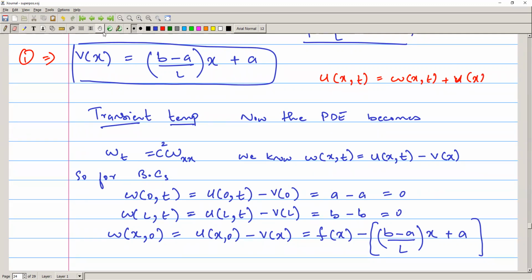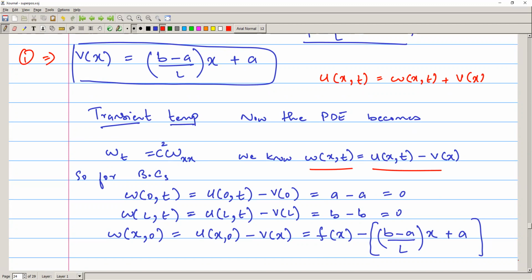So we already found v of x. Now we are working on w of x,t, right? So the equation is now transformed to w_t is equal to c squared w_xx. And we know that w of x,t is equal to u of x,t minus v of x, right?